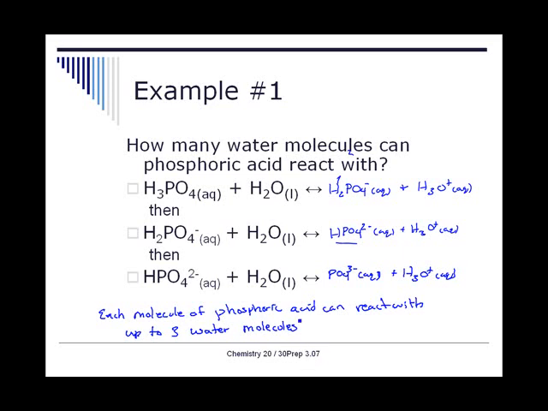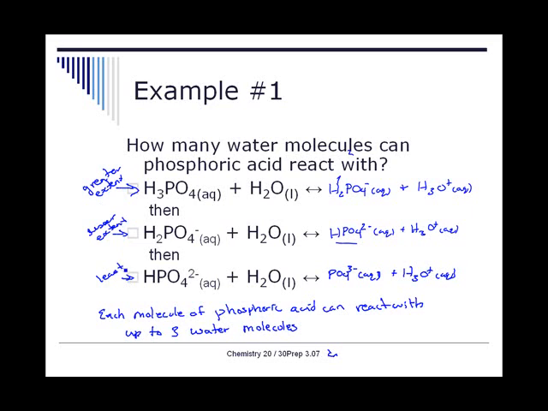So the H3PO4 reaction is going to happen to a greater extent than the next one, which happens to a lesser extent, and this last reaction is, for lack of a better word, the least likely to happen, the one that happens the least often.